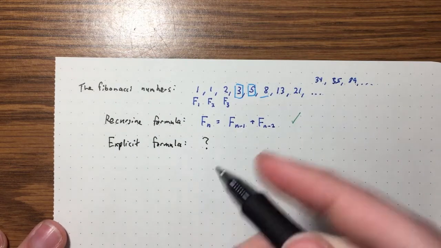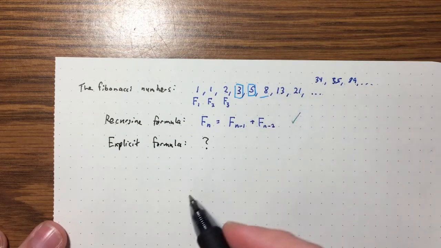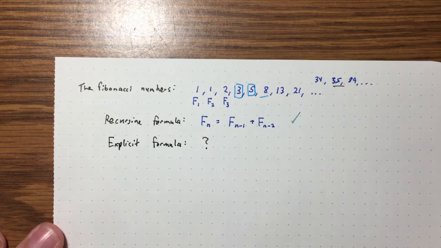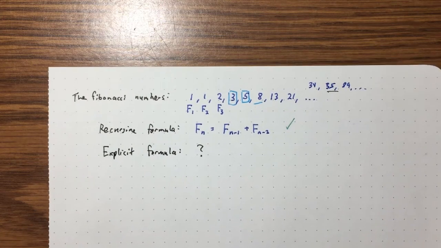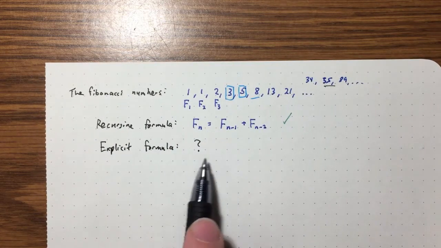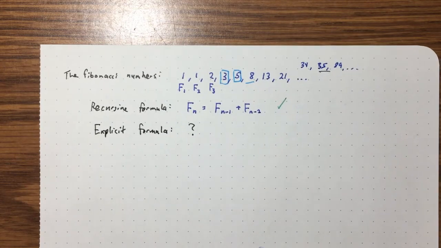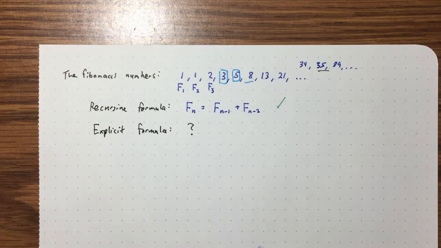So I want something where, if I plug in the number 10, it should spit out 55, the 10th number in the sequence. Again, if you'd like, you can pause and think about this, but I warn you, it's very hard to come up with. But that's exactly what we're going to do. And we're going to do it using, surprisingly enough, diagonalization of a matrix.